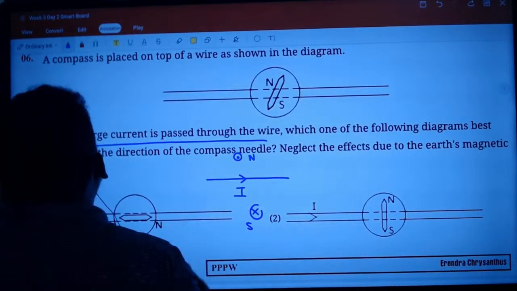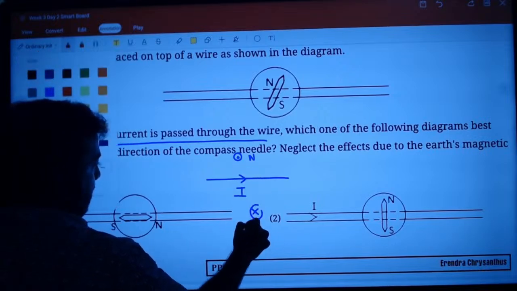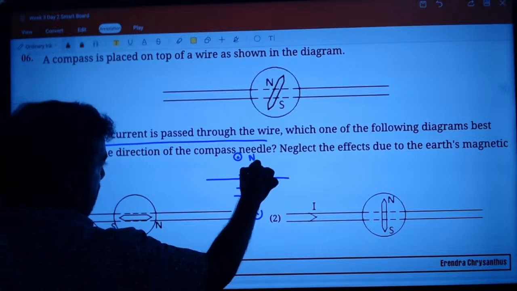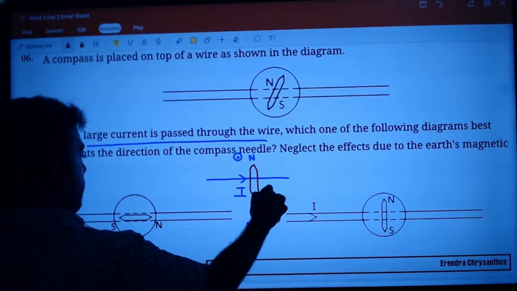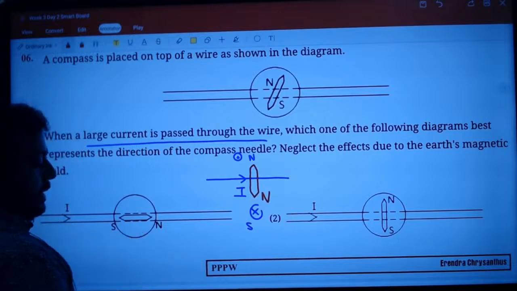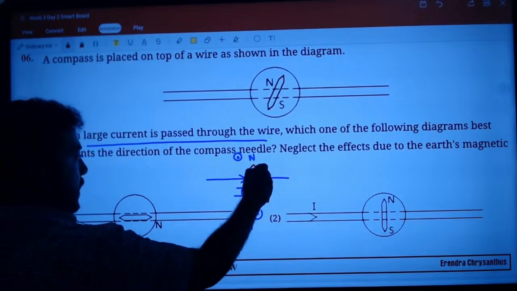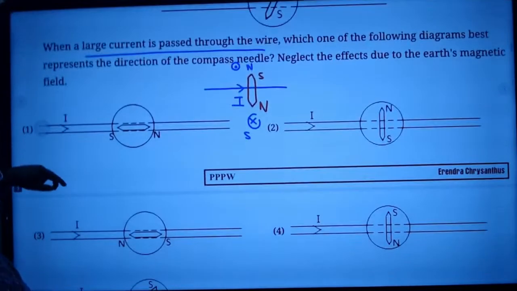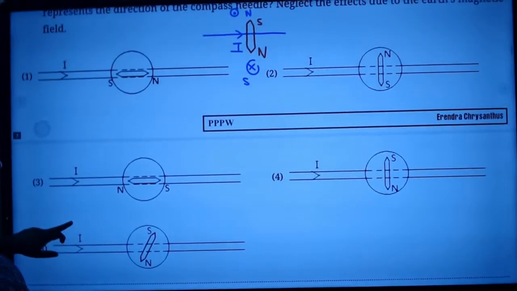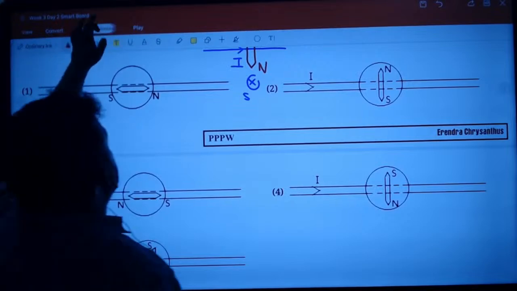So here if I connect the compass, this is magnetic south, and you have geographic North Pole here. Technically geographic North Pole is magnetic South, and geographic South Pole is magnetic North. So the correct answer is answer number 4.